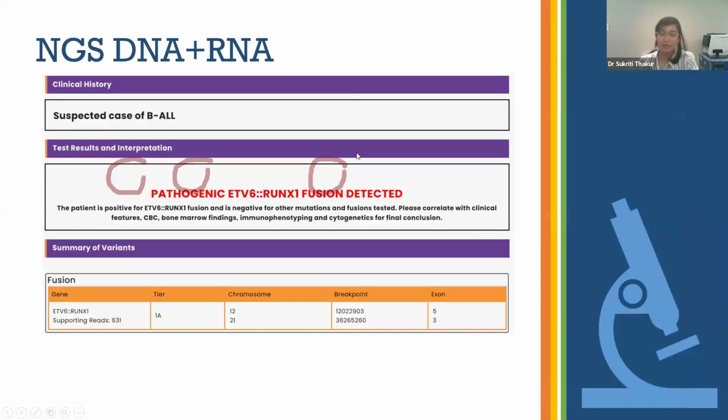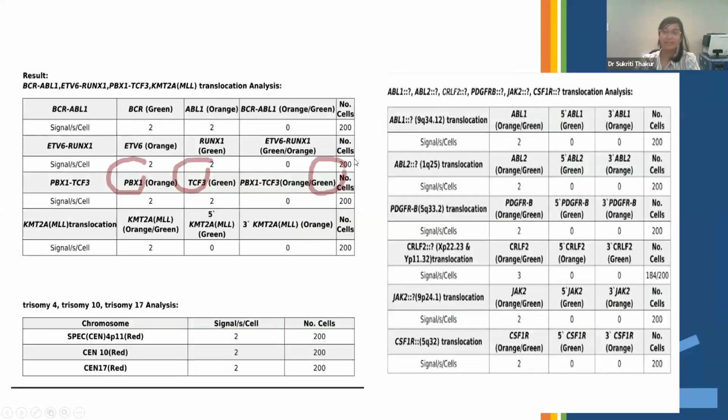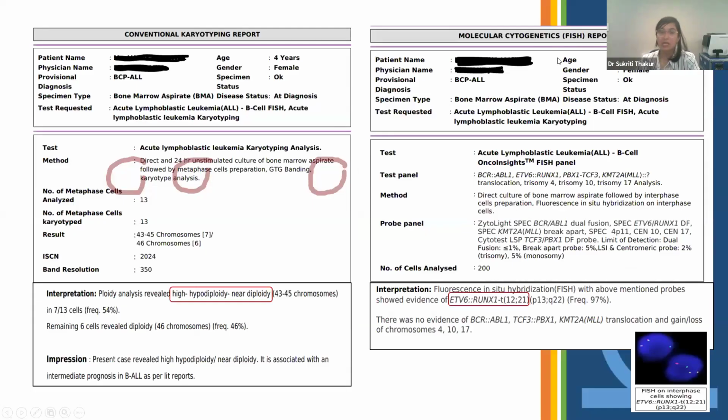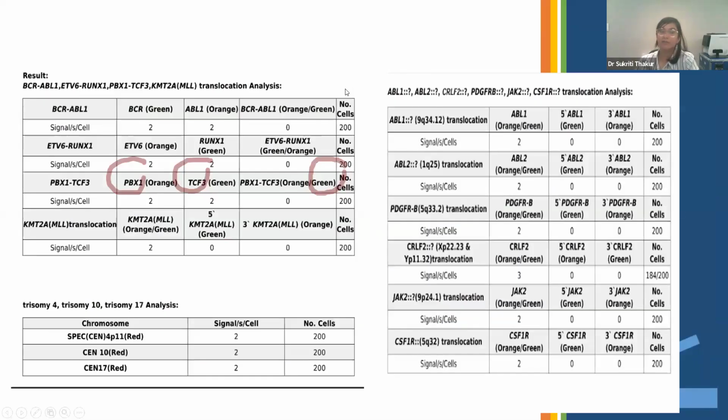So after we are done with our flow cytometry, we send the sample to the cytogenetics lab, and in the cytogenetics lab, they do conventional karyotyping and they do FISH. In FISH, we have various probes with which they will see different types of rearrangements.